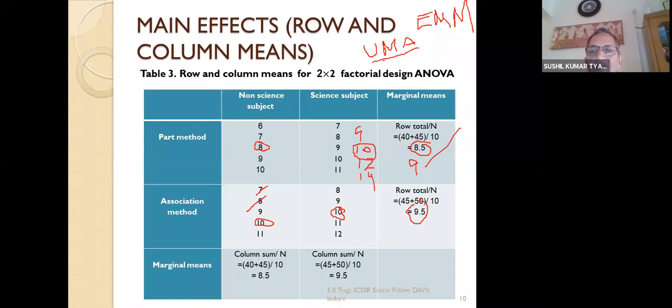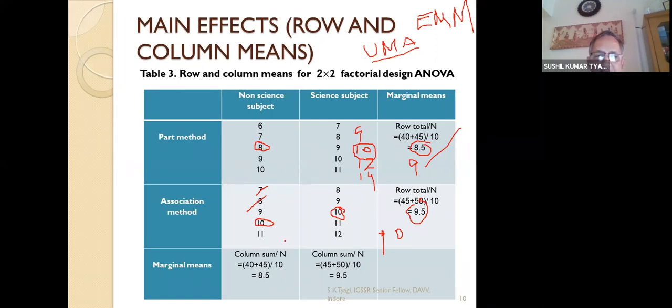So unweighted means are in fact the mean of the cells, the average of the cell means. This 9 is the average of these two cell means. This 10 is the average of these two cell means, not the actual mean. This is 10, this is 10, average is 10. This is 8, this is 10, average is 9.